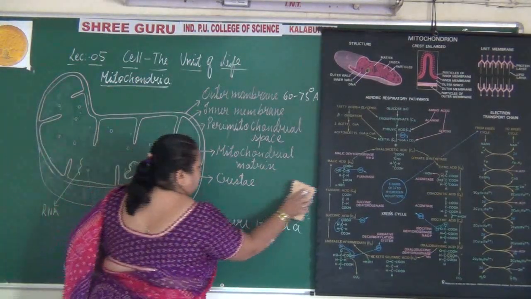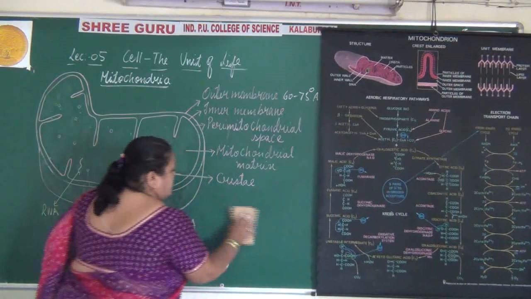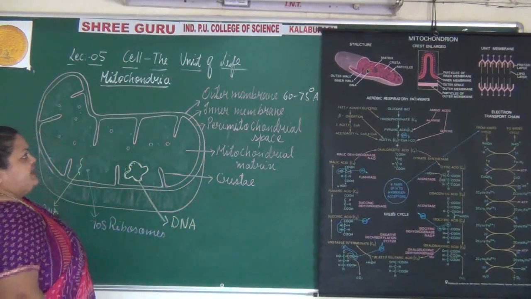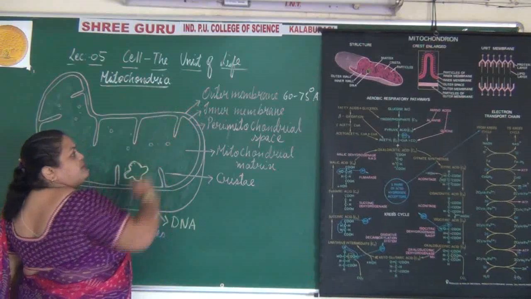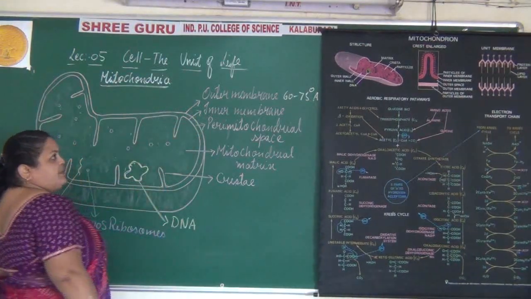Let me go with another, in a simple way. Just look into the diagram. It is sausage shaped, having an outer membrane and an inner membrane.